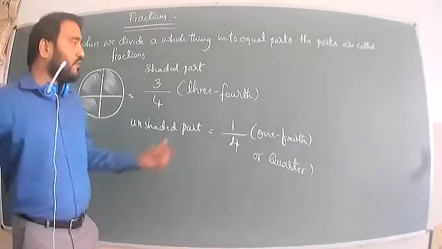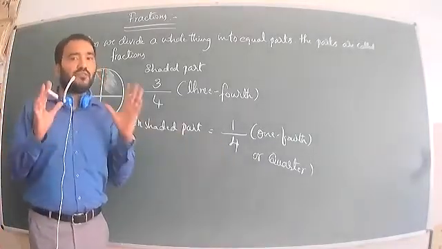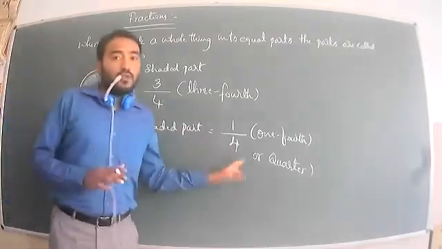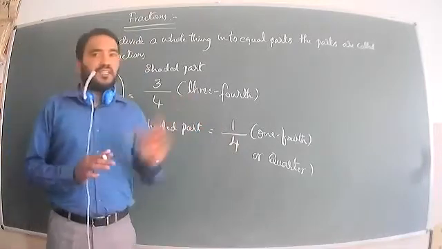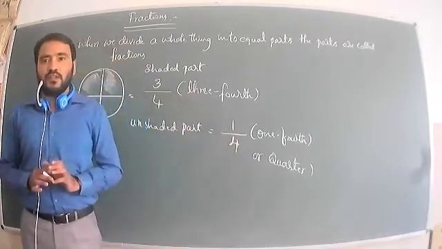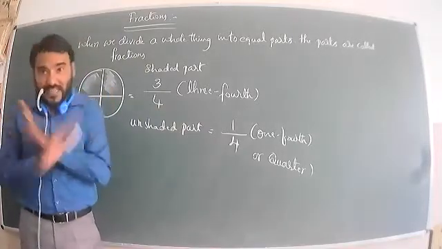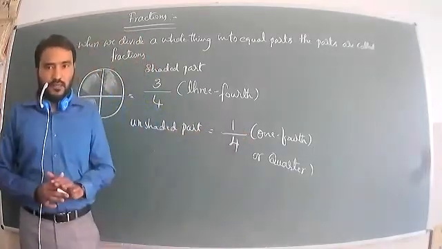So what is the denominator? The denominator means the total number of parts in the given whole. The numerator expresses the value of the fraction, how many parts are taken, how many parts are not taken. All of you understand?